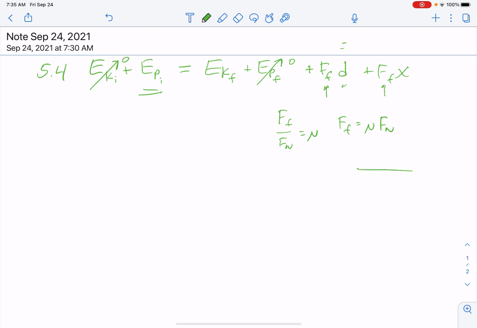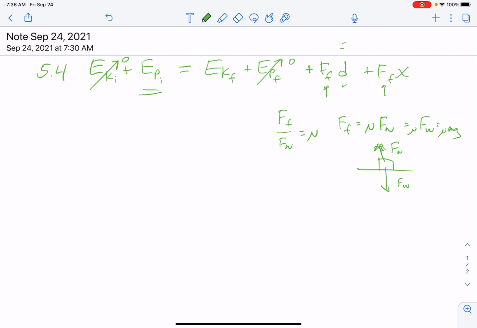And if you're on a horizontal surface, your normal force and your force of weight equal each other. So we can say the force of friction equals mu mg.